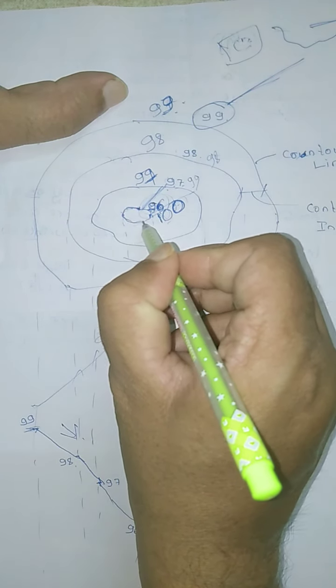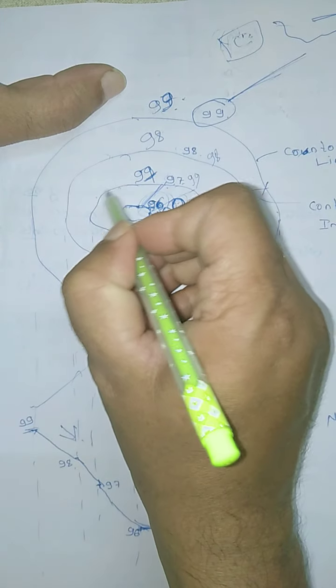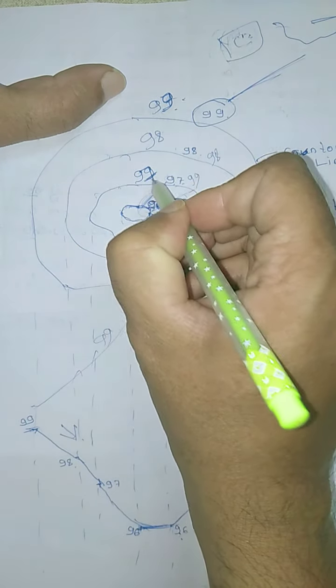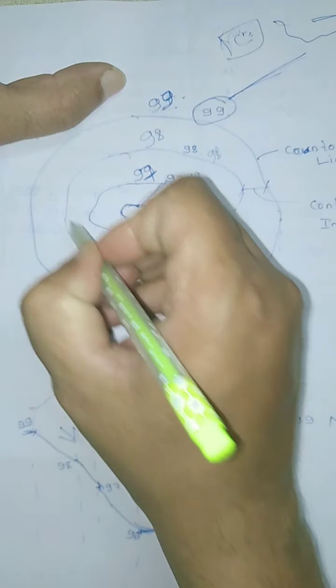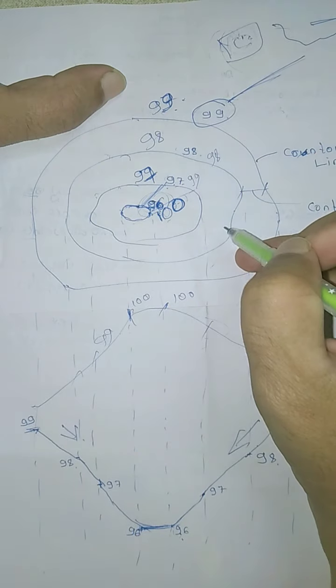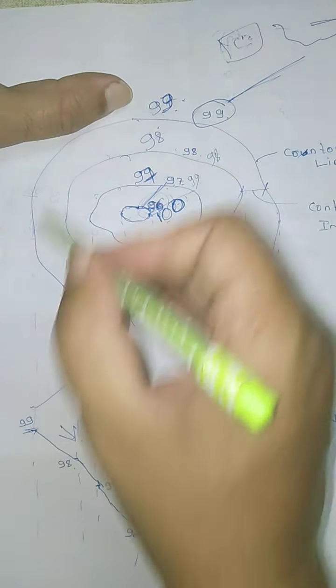Wherever in that area 96 RL is coming, you have joined it. Then again in the same area you have joined the RLs of 97. Then wherever you get the points of 98 RL, you have joined them. Then again the RL of 99 wherever you get, you have joined it.